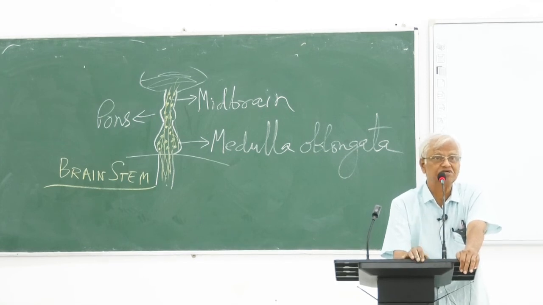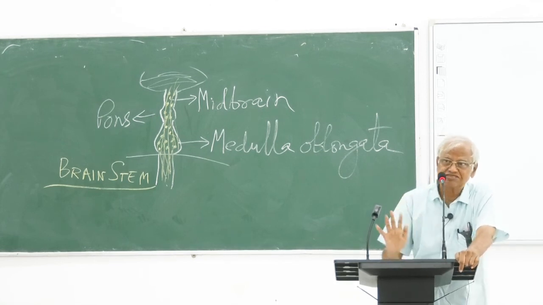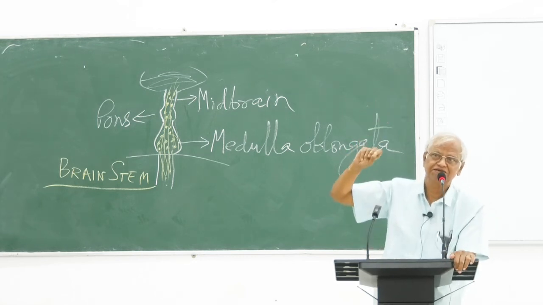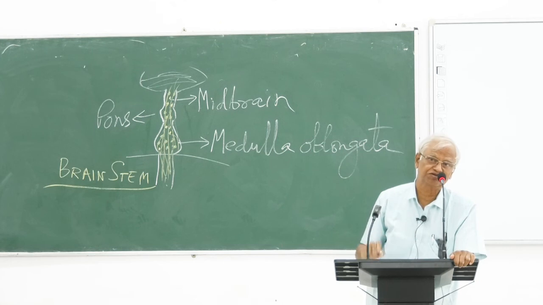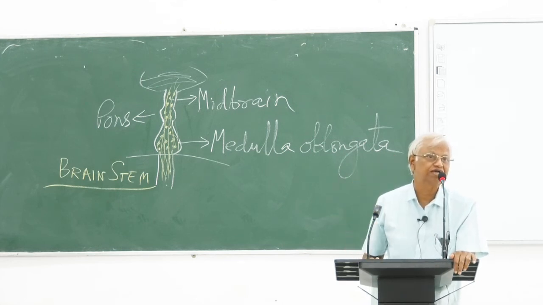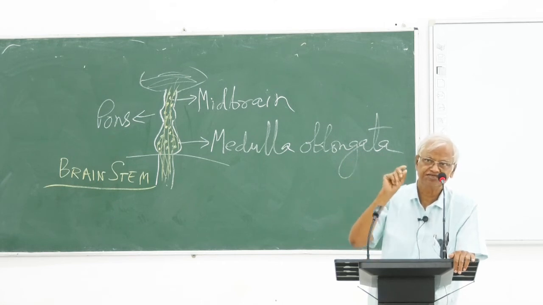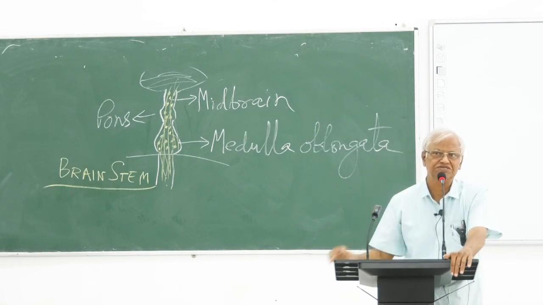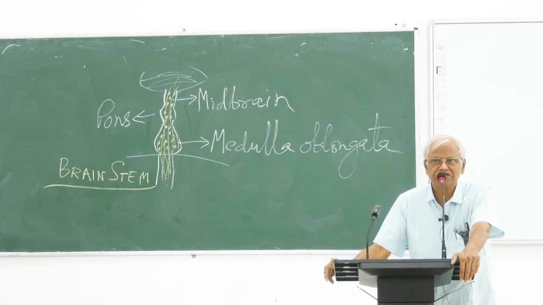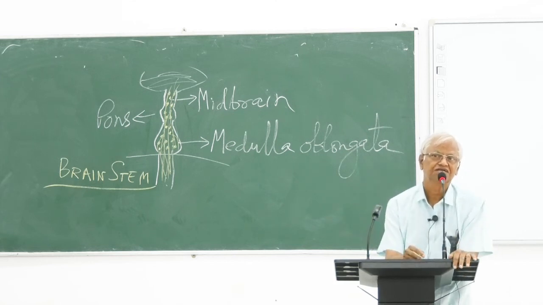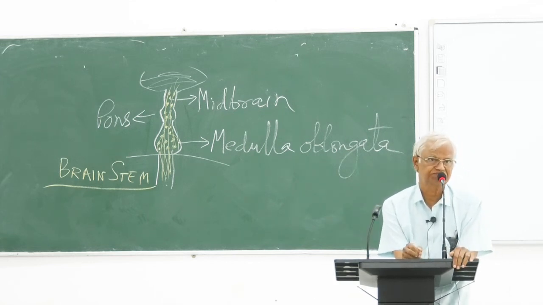Whatever the modality, all sensory fibers, while going up to the thalamus and from the thalamus to the cerebral cortex, send at least one branch to the reticular activating system. So whenever any sensation goes up, it stimulates the reticular activating system.